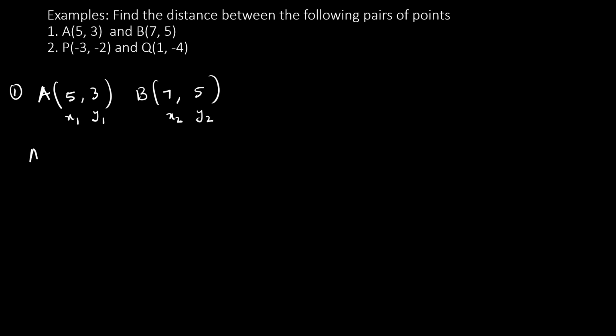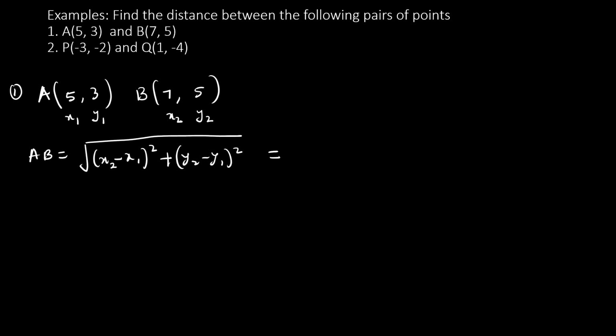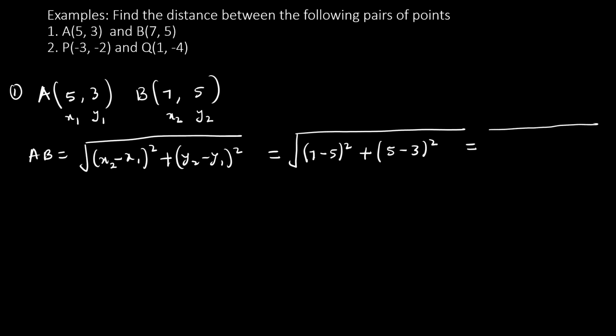Applying the formula, we have the distance AB equal to the square root of x2 minus x1 squared plus y2 minus y1 squared. So here we have the square root of 7 minus 5 squared, plus 5 minus 3 squared. 7 minus 5 is 2 squared, plus 5 minus 3 is also 2 squared.